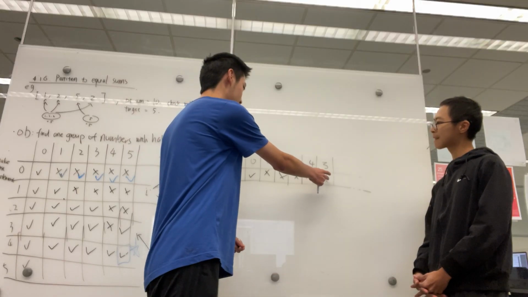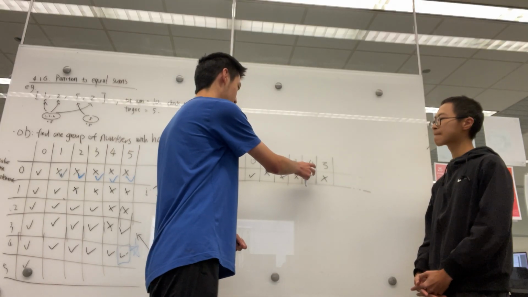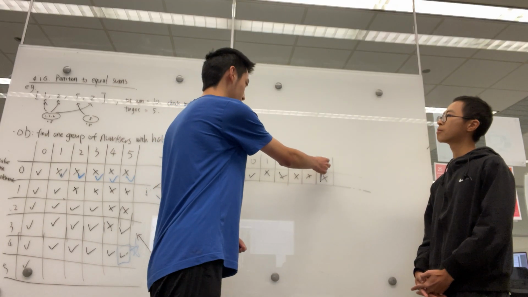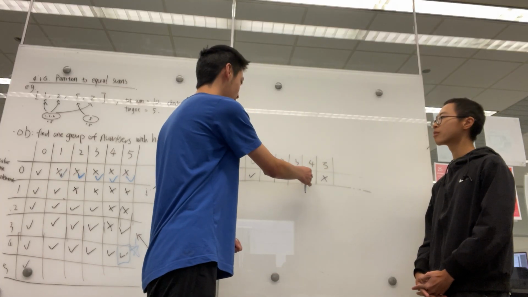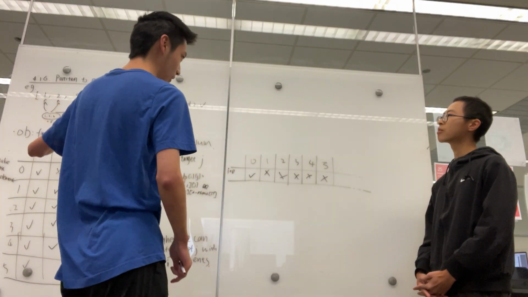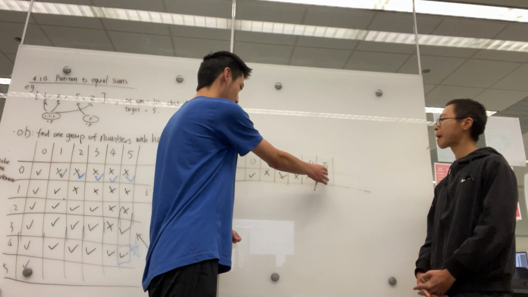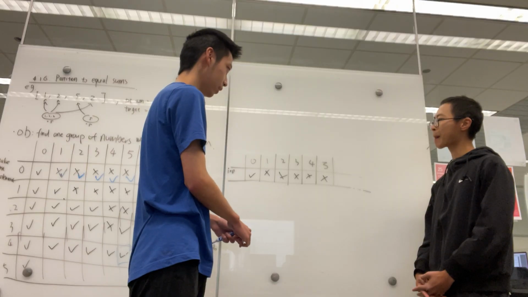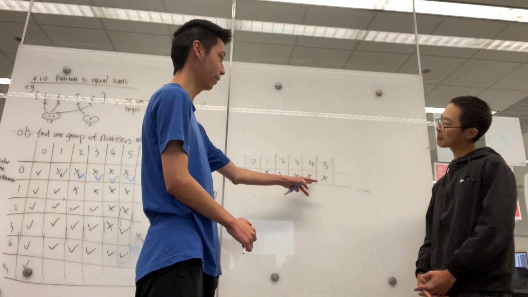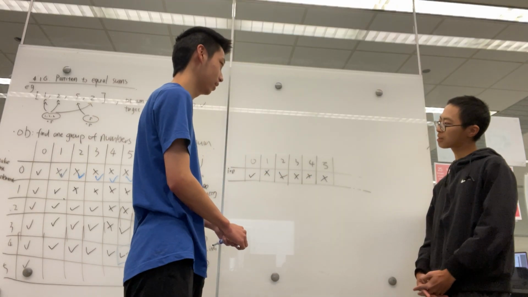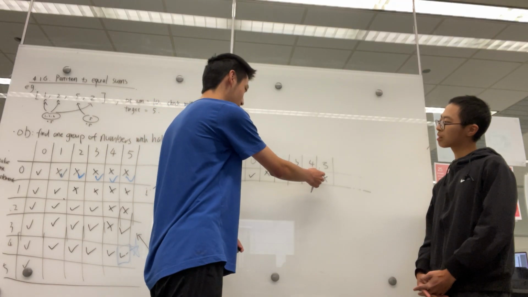So we check 1 backwards because the value of the number we're currently looking at is 1. We're at a target of 5 here. We look 1 back to target 4. We can't make 4, so this is going to be false.